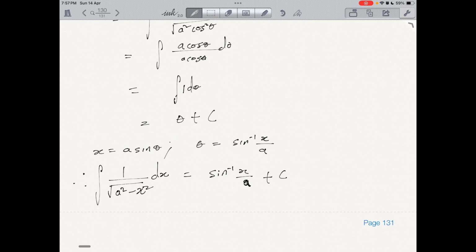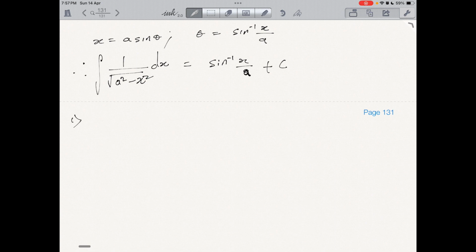Let's take for instance, let us evaluate the integral of 1 over square root of 9 minus x squared dx. Now we know that 9 is 3 squared. So this is similar to saying integral of 1 over square root of 3 squared minus x squared dx.